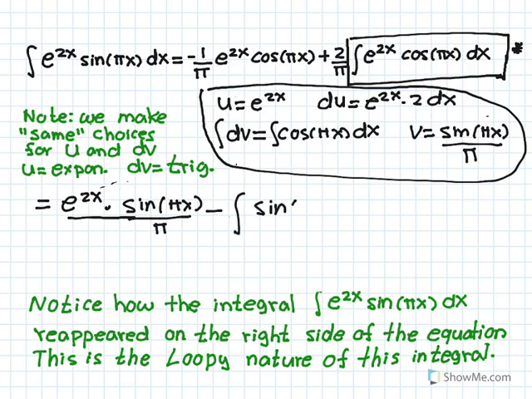Sine of pi x divided by pi is v, times du, that's going to be 2 e to the 2x dx.